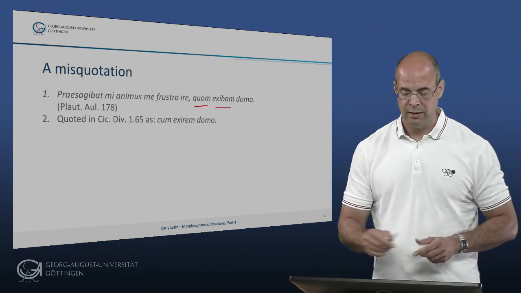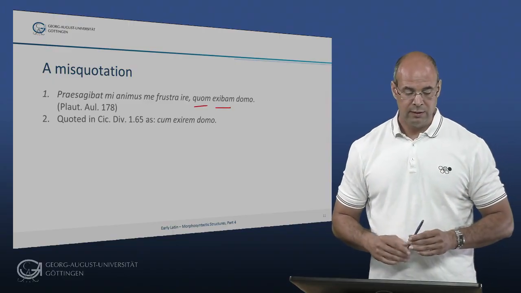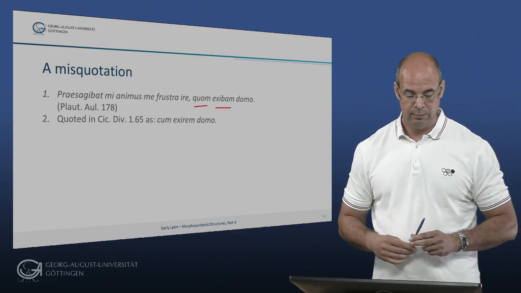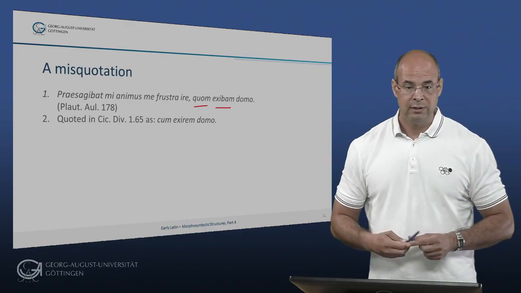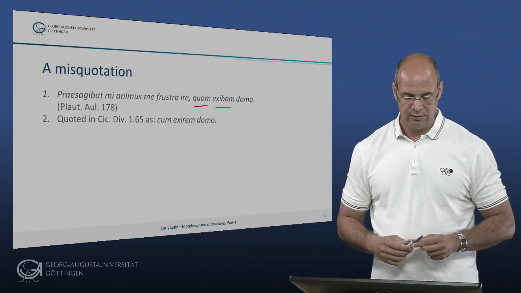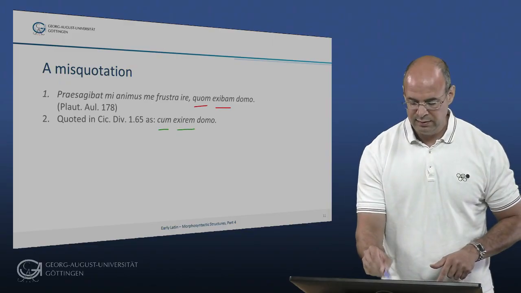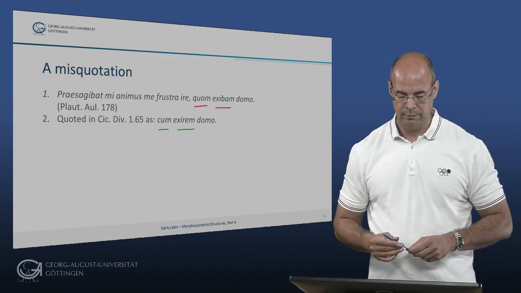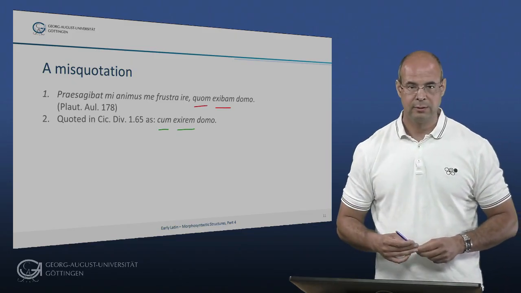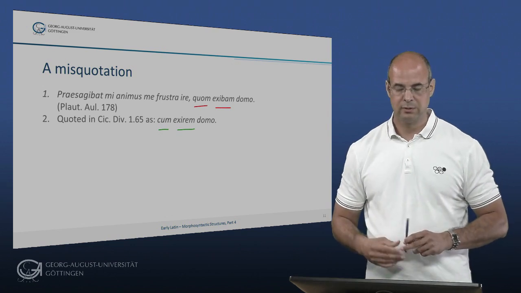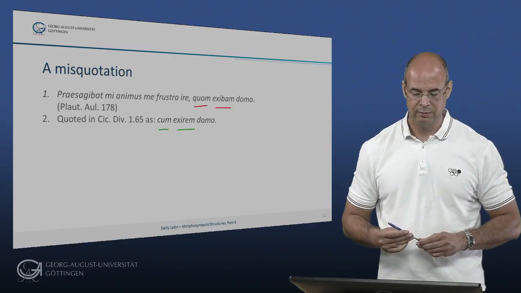Quom plus indicative. Now that passage is quoted by Cicero in his De Divinatione in Book 1, where he quotes quite a lot of early Latin. But he quotes from memory rather than from a text edition, and so he misquotes it and says cum exirem, subjunctive, domo. So essentially, he adapts Plautine syntax to his own by mistake because he's quoting from memory. And that indicates quite nicely how diachronic developments can happen.